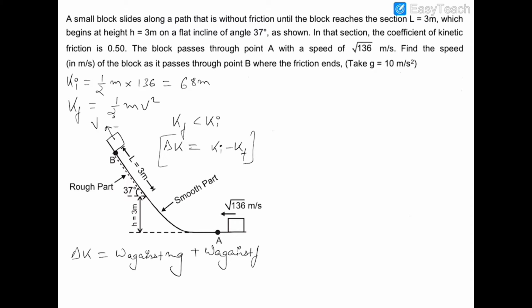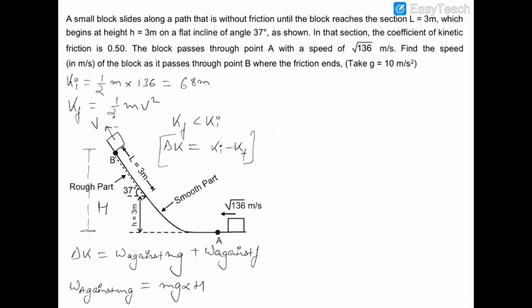The work done against mg will be equal to mg into h, where h is the total height it has ascended.